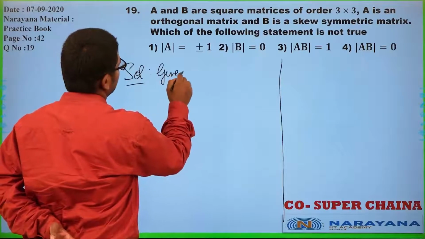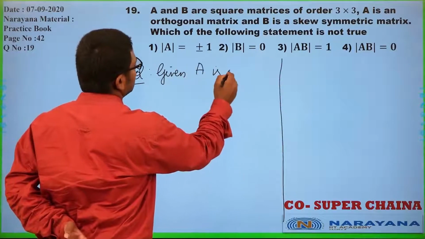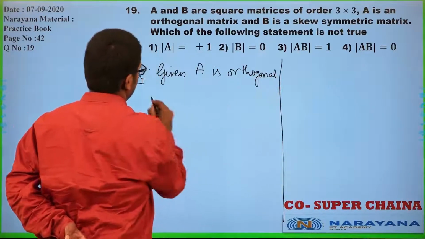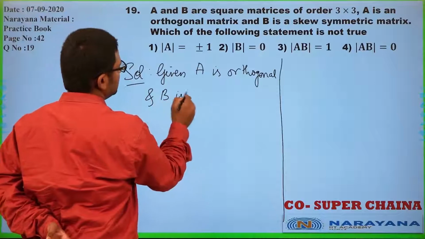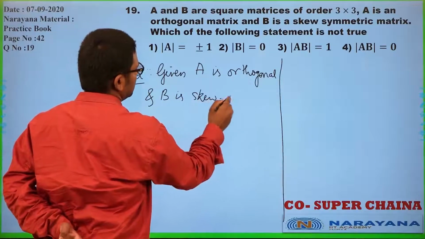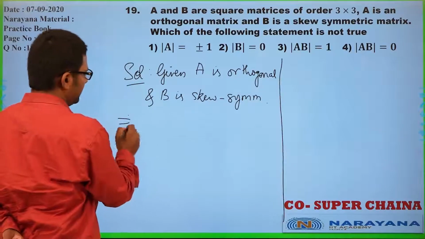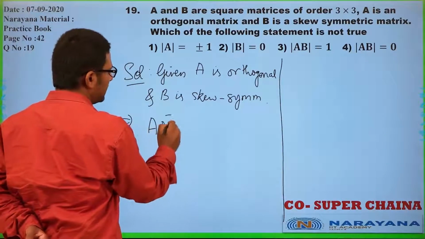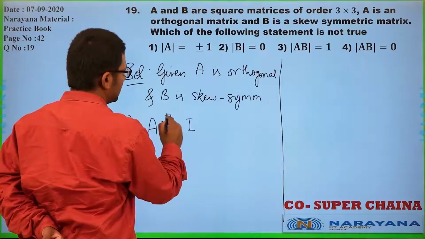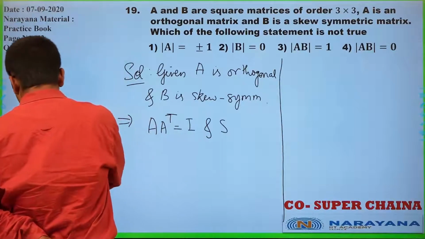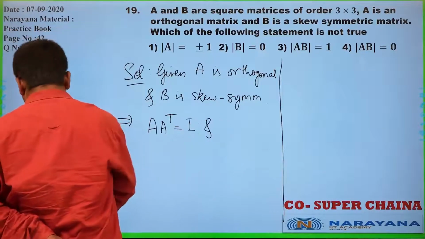Given A is orthogonal and B is skew symmetric, which means A transpose A is I and B transpose is minus B. We are just writing the definitions.